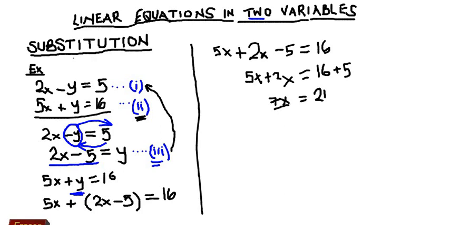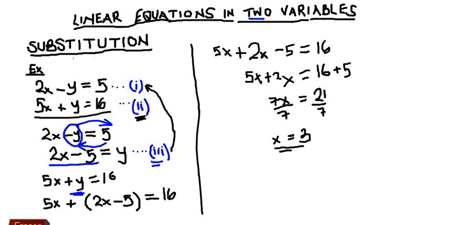So to find our x, we divide both sides by the coefficient 7, so that we arrive at x is equal to 3. That means we have found the value of x.